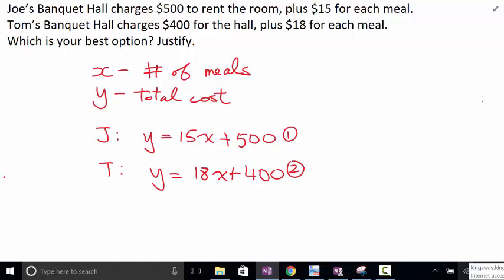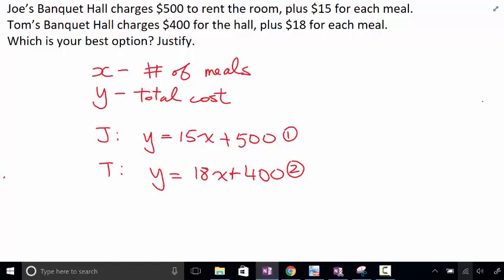Now remember, in order to solve this system, what do we have to find? We need to find, well, sure, but in terms of the solution to a system, what do we have to find? The point of intersection, right?